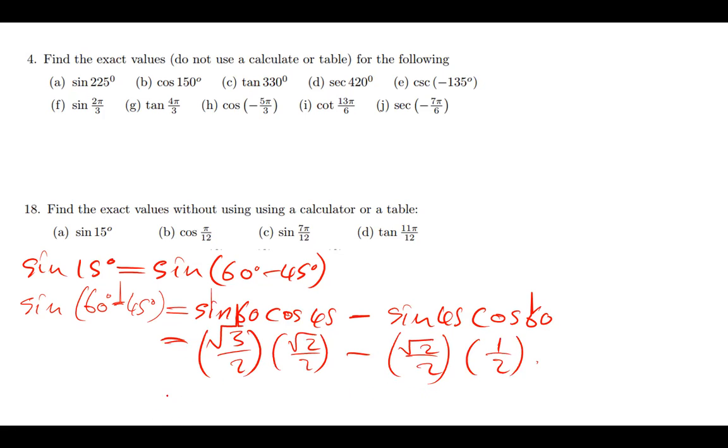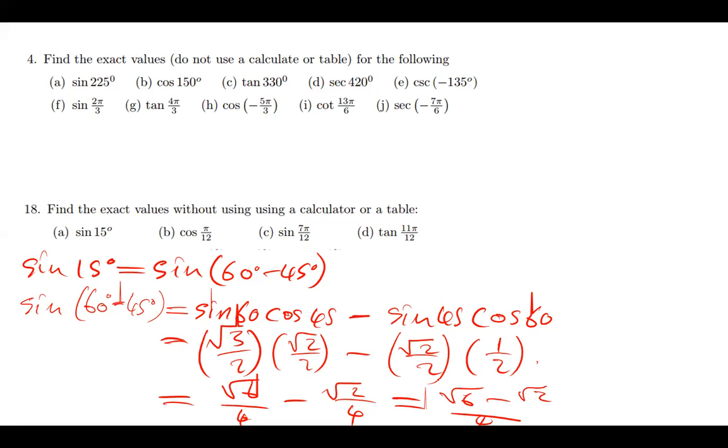So here it's just a matter of multiplying them. When you multiply this times that, we get root 6 over 4. Then minus, this will give us root 2 over 4. Since the denominators are the same, we're just going to combine the numerators. So we have root 6 minus root 2 over 4.